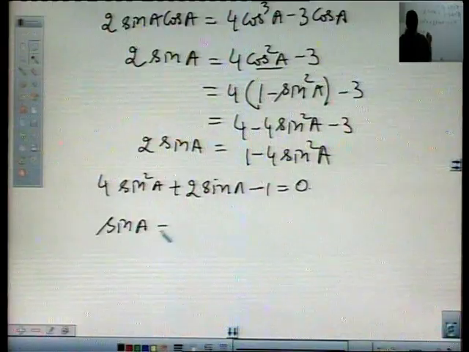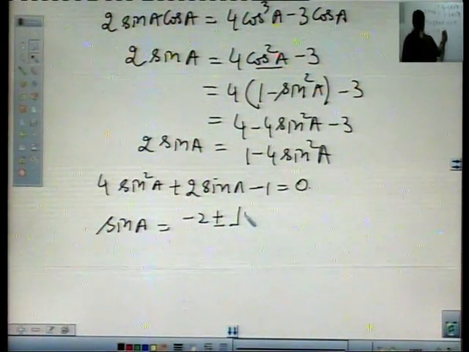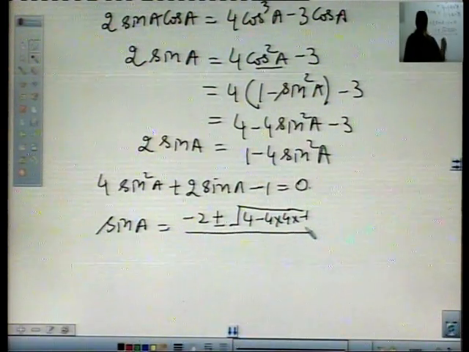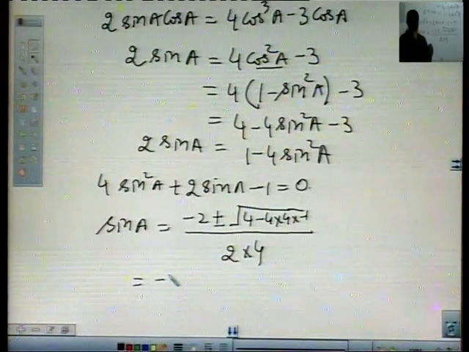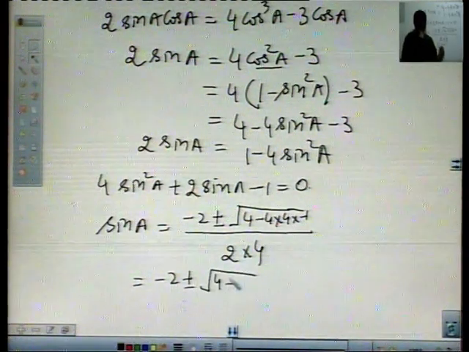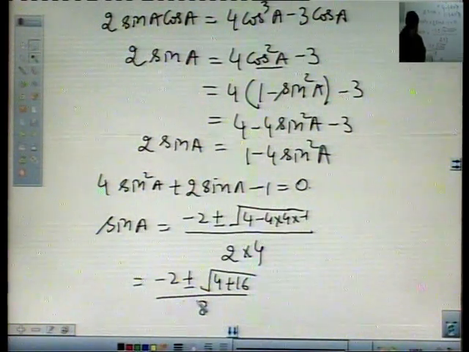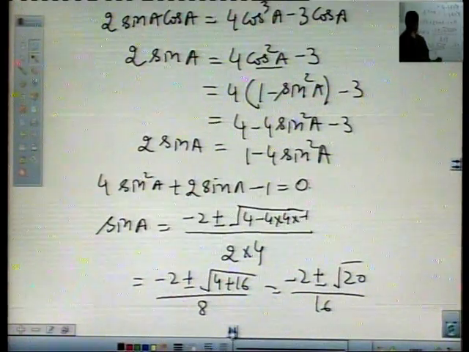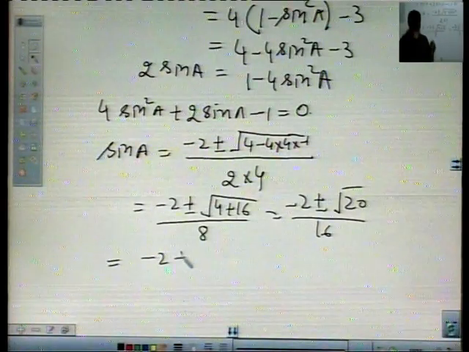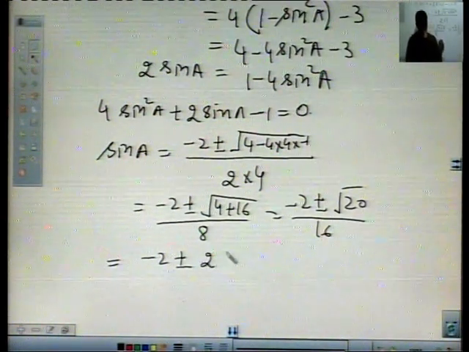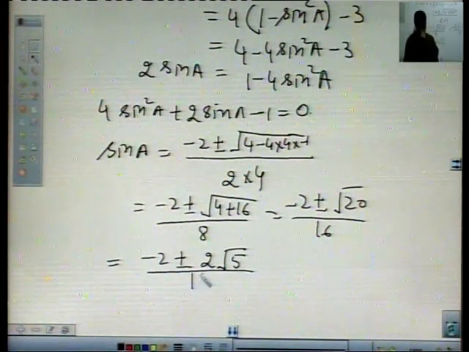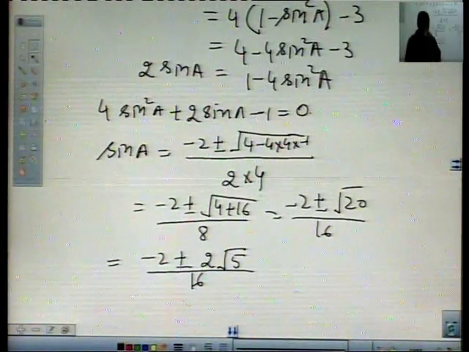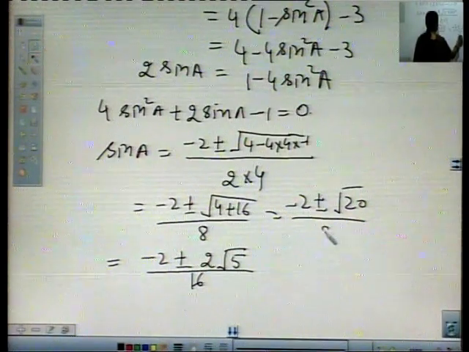By applying the quadratic formula, we will get minus 2 plus minus square root of b square minus 4ac, upon 2a, and it will be equal to minus 2 plus minus root of 4 plus 16 upon 8, and it will be equal to minus 2 plus minus root 20 upon 8. 4 5s are 20, 2 outside and root 5 is under the root.